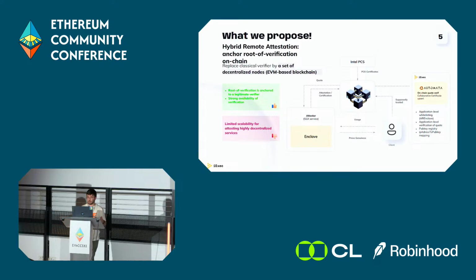However, the main drawback of this method is that we have limited scalability for attesting highly decentralized services because blockchain is known for its poor throughput in its base form. As an example, in order to perform an on-chain attestation, we need 6 million gas, which constitutes high fees and gives us limited throughput because we can only perform 5 on-chain attestations per block if we are referring to the Ethereum blockchain.